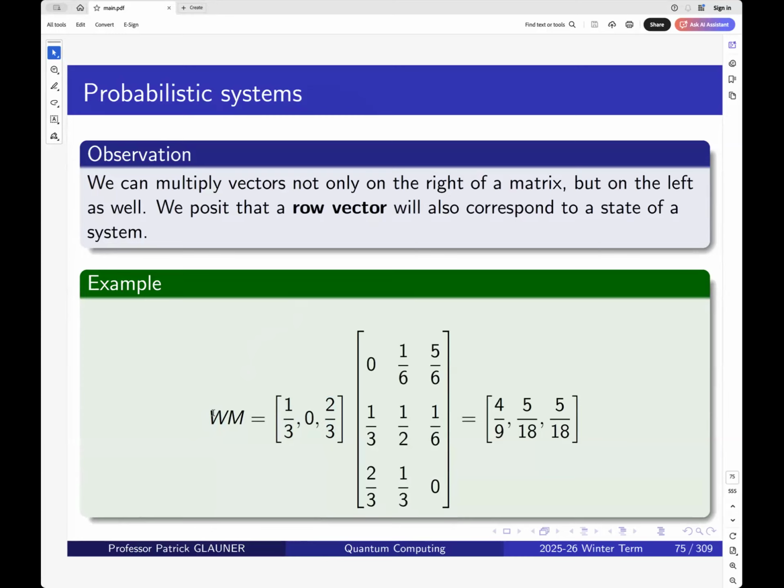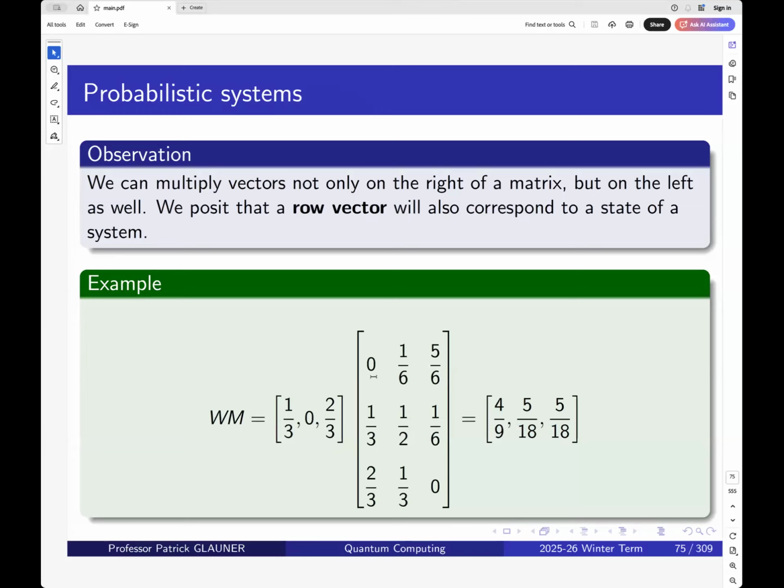And we can multiply this row vector w from the left with matrix M. That's fine, because I have 3 entries here, and in a column I have 3 entries as well. And if I multiply this together, I will get a new row vector.